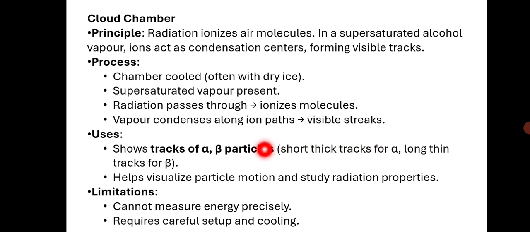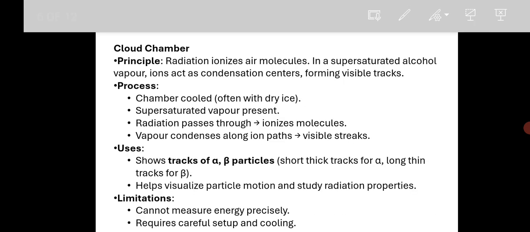We shall have short, thick tracks for alpha and long, thin tracks for beta, and none for gamma, because remember that gamma is less ionizing. So this method works best for radiations that are ionizing.